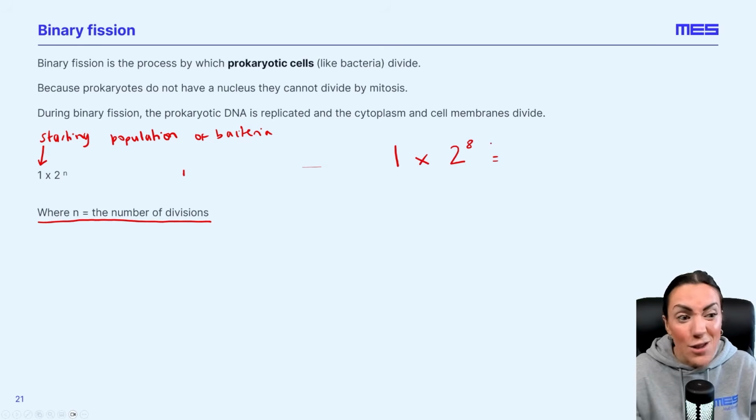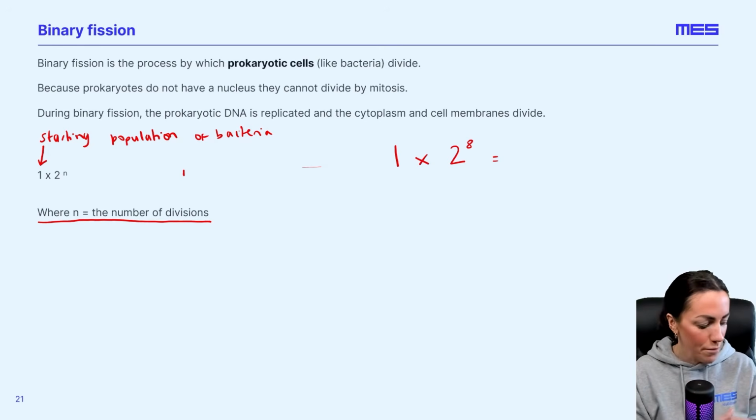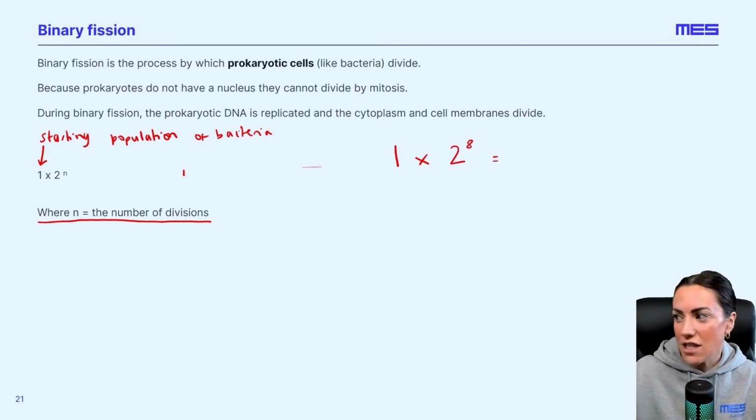So in theory, you can just do 2 to the power of 8 here, right? You don't really need to include the 1. So what that's saying is after 8 divisions, you would have 256 bacteria in that population.